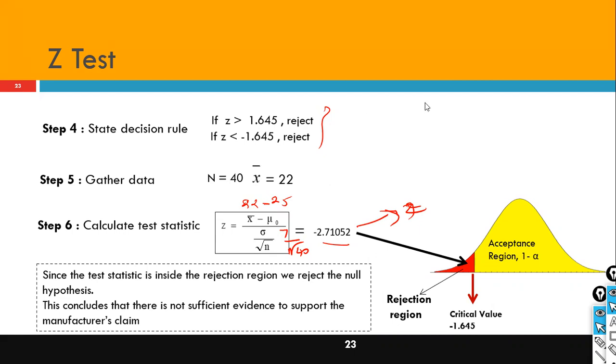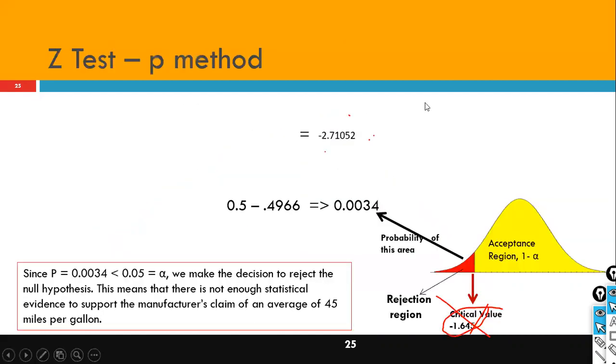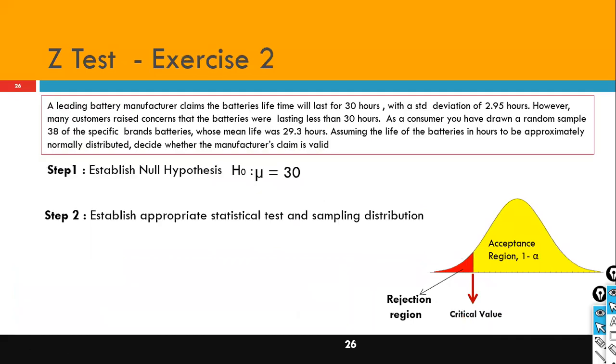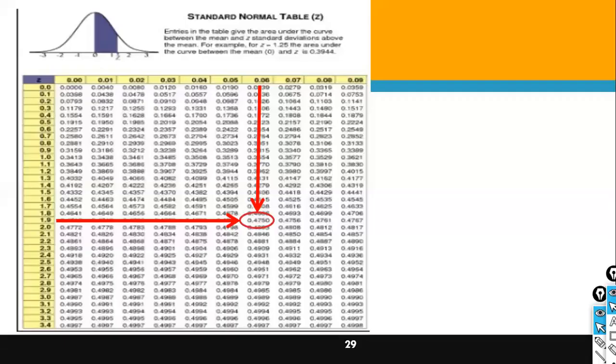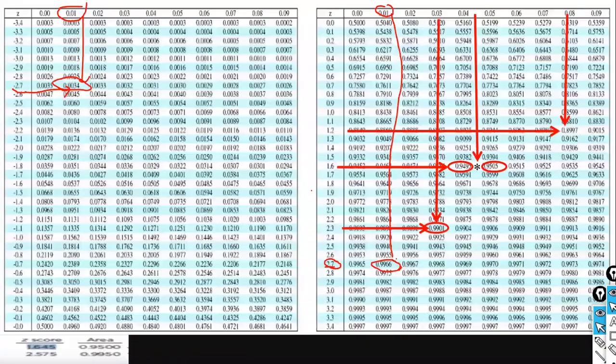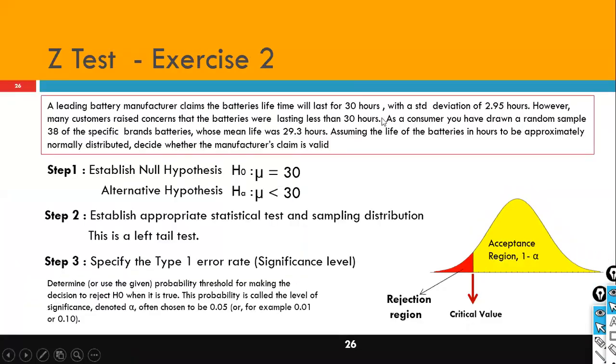Okay, so now we have a table for that. If you look at the school math book, at the end of it, you will find something like this. 1.645. I don't know whether I put it here or not. So you need to find out the critical value.